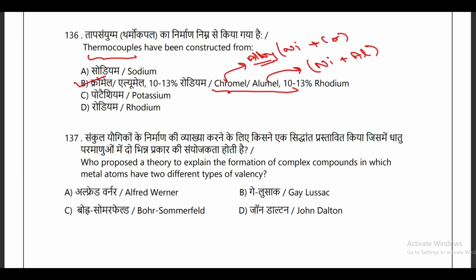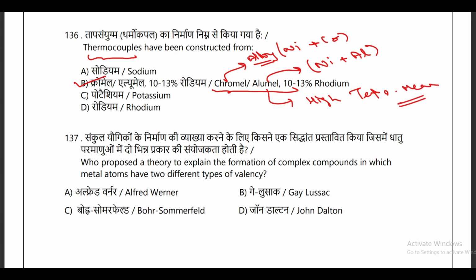By the combination of these two alloys this thermocouple is constructed, and it is usually used to measure temperature. Additionally some thermocouples use alloys containing rhodium also, like platinum rhodium combinations. But the specific pairing mentioned in option B is a recognized example used in thermocouples for high temperature measurements, okay? So B option is your correct answer in question number 136.